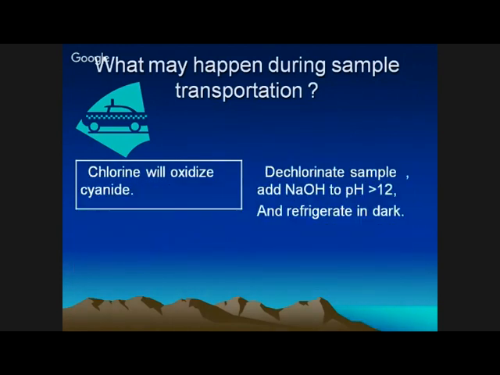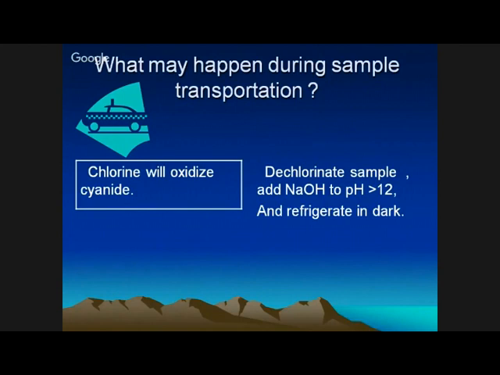Similarly, for CN, cyanide, as you know, cyanide is a highly toxic parameter. You already know NaCN or KCN. KCN is highly toxic. If you have collected a sample from an industry that is discharging cyanide in the form of NaCN or KCN, you have to preserve that sample.